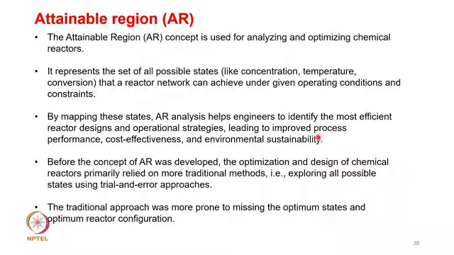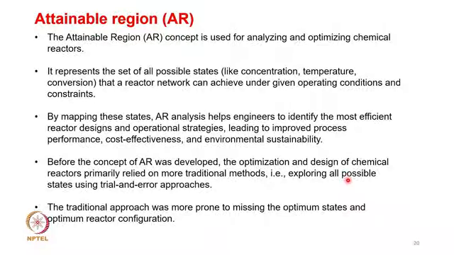With suitable algebraic manipulation and mapping of the states, attainable region analysis helps engineers identify the most efficient reactor design and operational strategies, and this would eventually result in improved process performance and economics. Improved economics essentially means cost effectiveness and, as a larger goal, environmental sustainability.